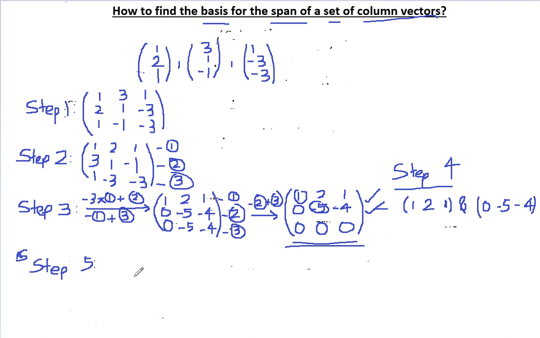Let's transpose it back. So it's 1, 2, 1 and 0, minus 5, minus 4.